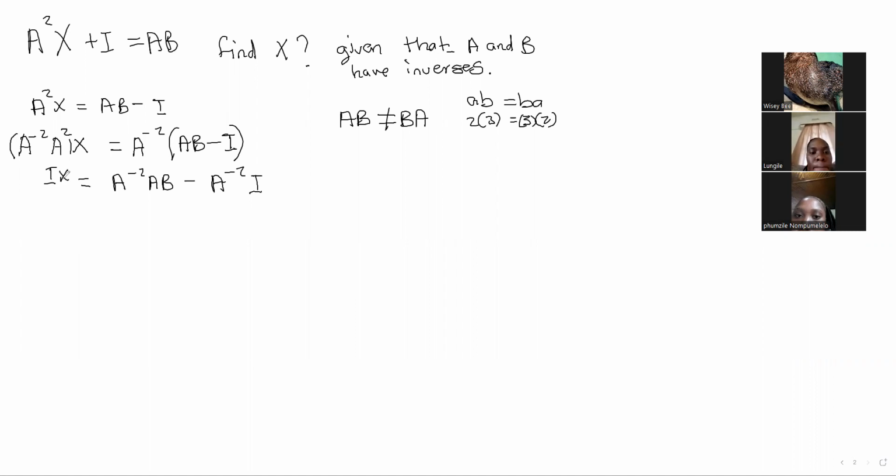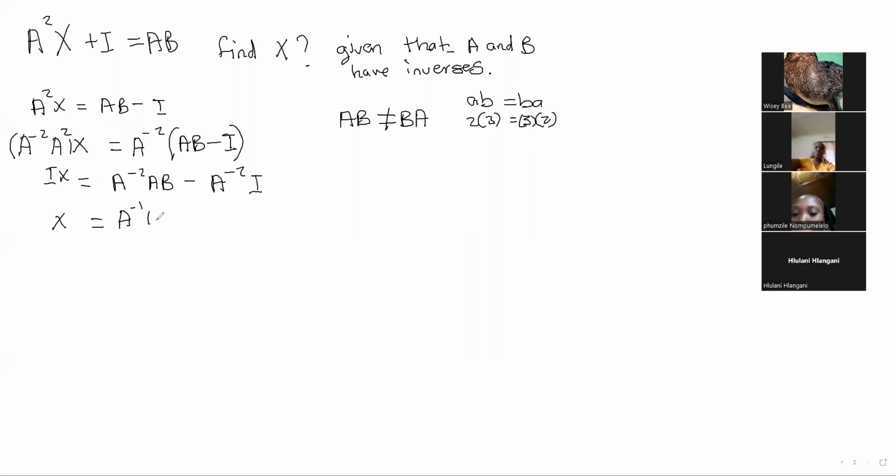And then I times X will be X. We will remain with A minus 1 here, because we've got a positive 1 here that takes away the other negative, and then we remain with B. And for the same reason, here we would have A minus 2, because A times I, you always get A. That's question number 1.